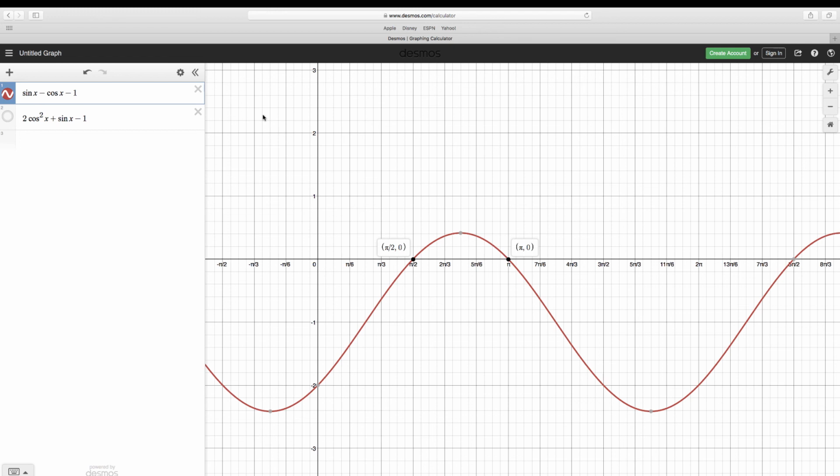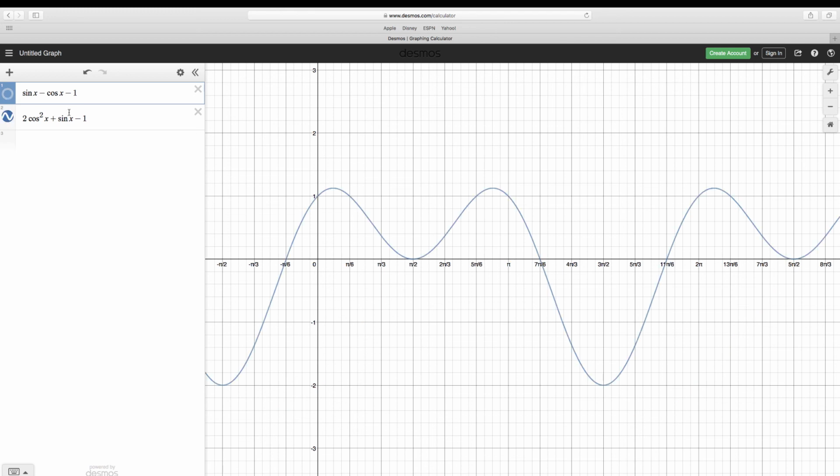And then if we go all the way back to the beginning, example A, turn that graph on. For example A, we rewrote that one using sine squared plus cosine squared equals 1. We rewrote that all in terms of sine squared, and then we were able to factor it with a u substitution.